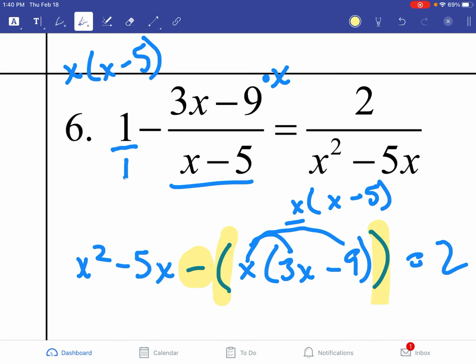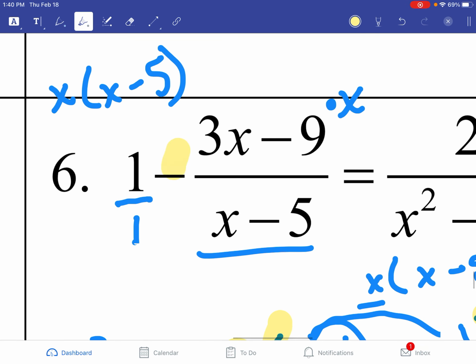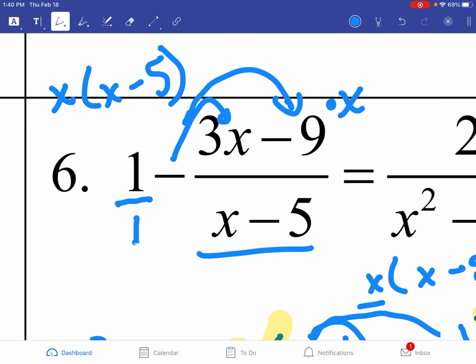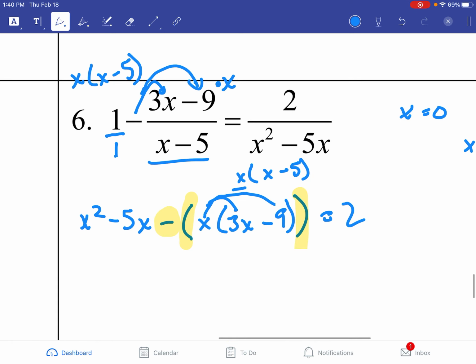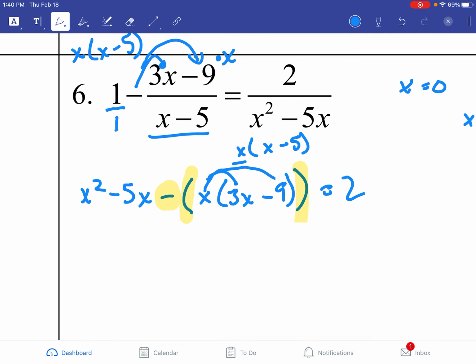Same thing would have happened if this was just a regular problem. This negative sign is affecting, oops, I did it again. It is affecting not only the 3x, but it's also affecting the negative 9. So I had to put that parentheses out in front of it. All right, with that being said, I'll have x squared minus 5x.